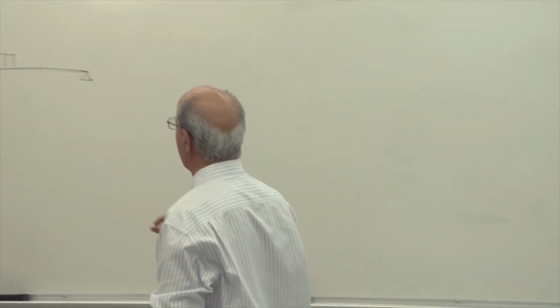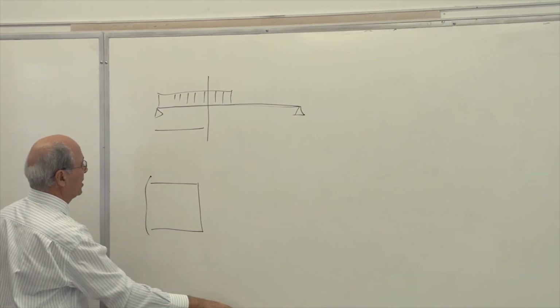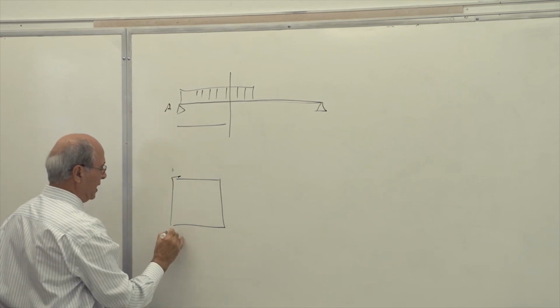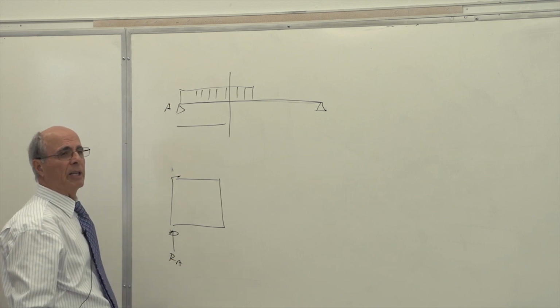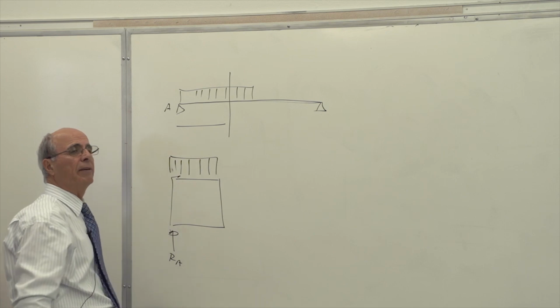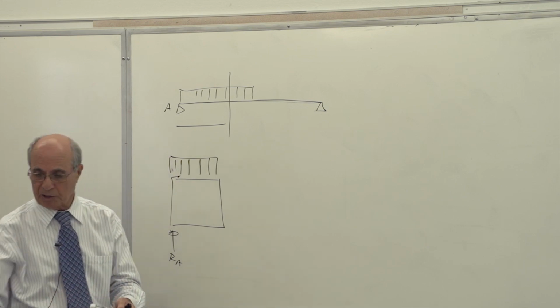Now, when we go to the cross-section, you cut it, left, right? This is what we are talking about. So here, if this was point A, for example, here you will have an RA there. Is that correct or not? And then, of course, you have some kind of load. You may or may not have that. Then in the body, this is the subject now.